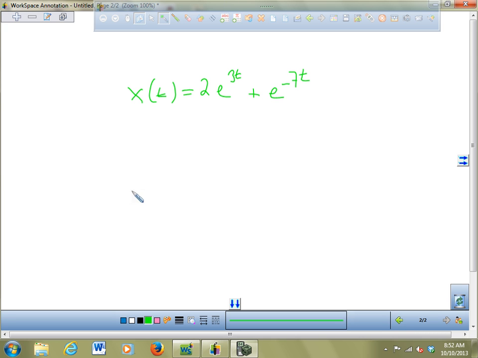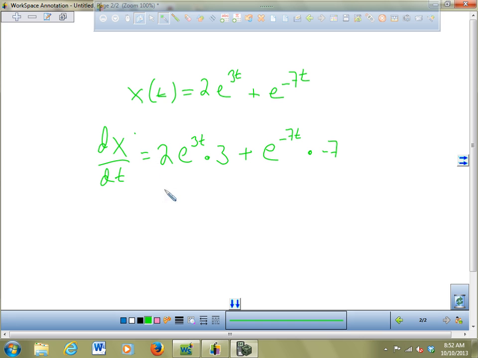So what would be x prime of t, or dx/dt? What would be dx/dt, based on what I just told you? 2e to the 3t times 3 plus e to the negative 7t times negative 7.